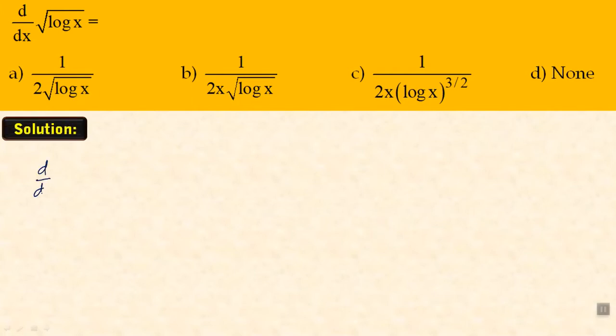D by dx of square root of log x is equals to. Here consider log x as f of x.